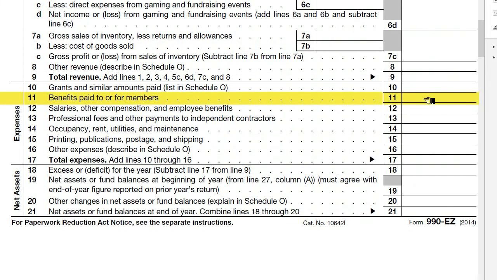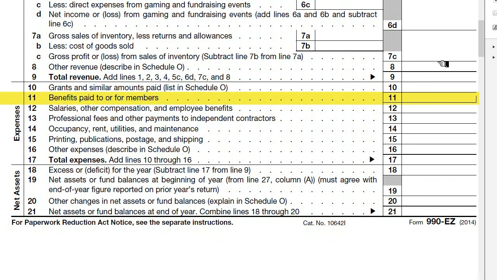Line 11, benefits paid to or for members. Usually this line's only going to be used if you're a fraternal organization or an employee beneficiary organization, like a 501(c)(8), a 501(c)(9), or 501(c)(17). And that would be organizations that provide insurance or death benefits, hospitalization, disability benefits, or something like that to their members.